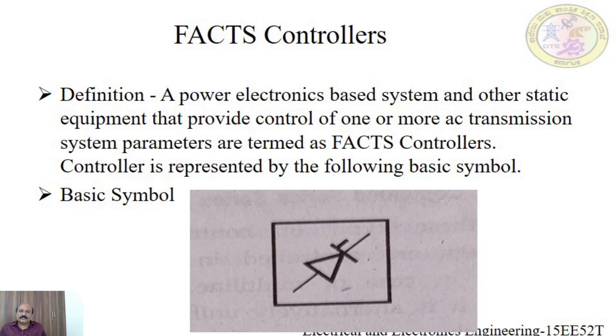For this purpose, in order to implement the FACTS system, we are going to introduce power electronics based systems and other static equipment. These are the equipment which will provide the reactive compensation. These are represented by a symbol as shown in the figure below.